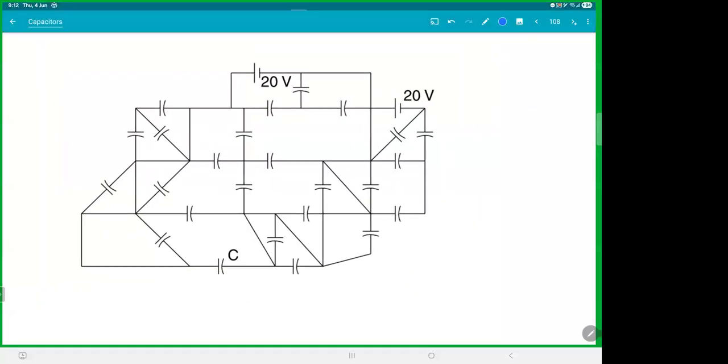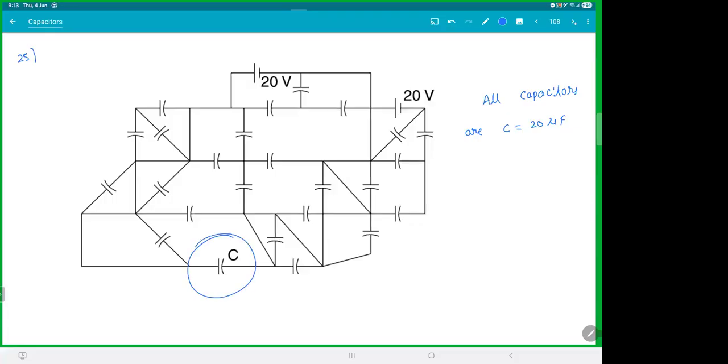This is the circuit. Okay, so all capacitors are C is equal to 20 microfarad, right? And those are the two batteries there.